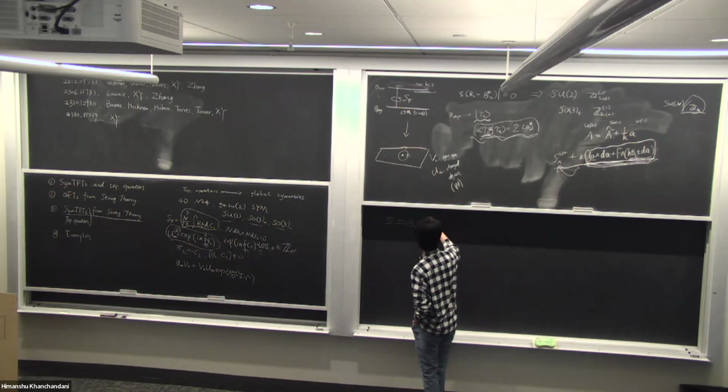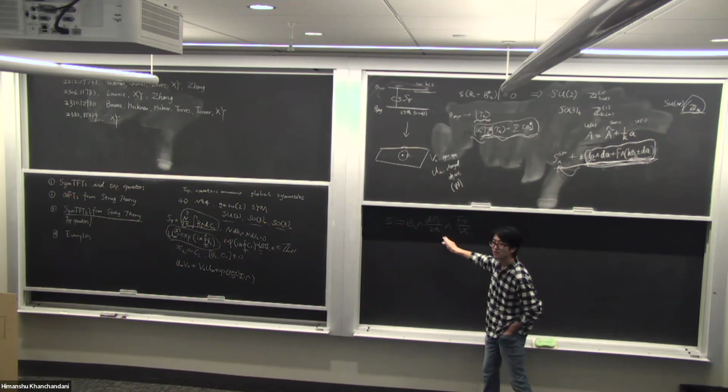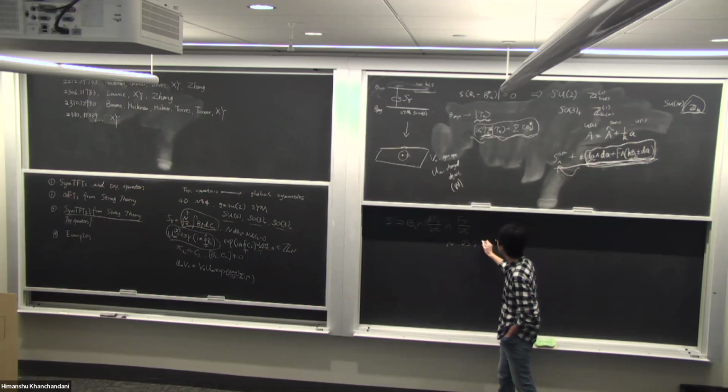Sorry, I should write it here. Yeah, let me write this. Can you see this if I write here? And then you have, let's say I have N D3 branes.